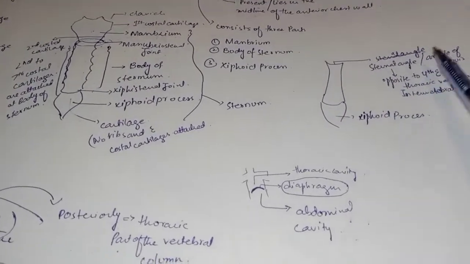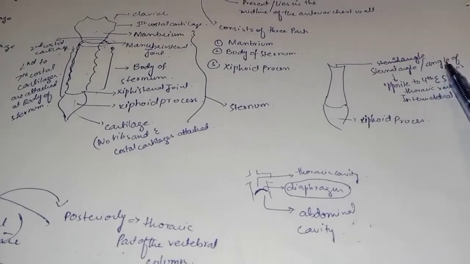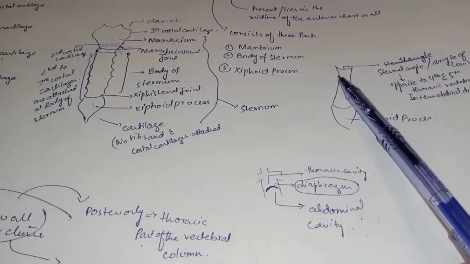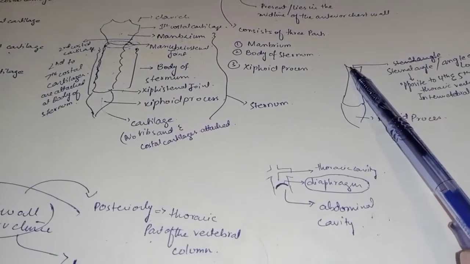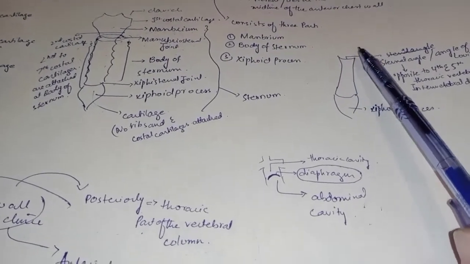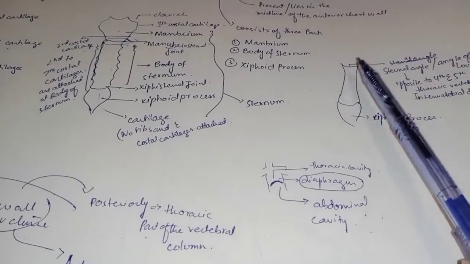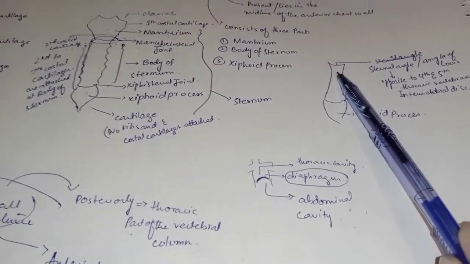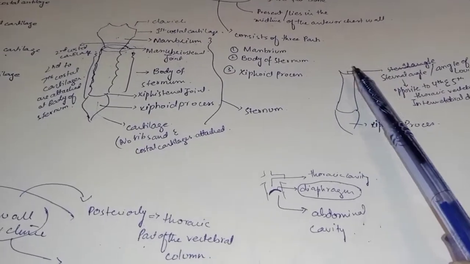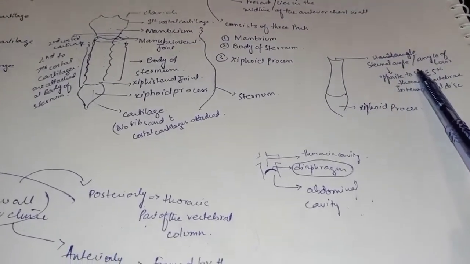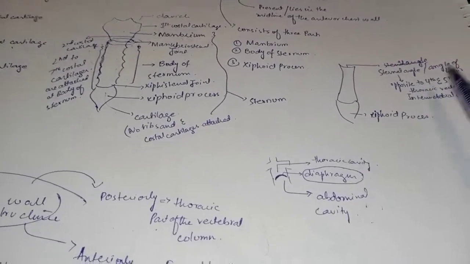This is the most important angle because it is present between the body of the sternum and the manubrium. So the manubrium and the body of the sternum join through this angle, which is called the sternal angle or angle of Louis. Why is this angle so important in gross anatomy?